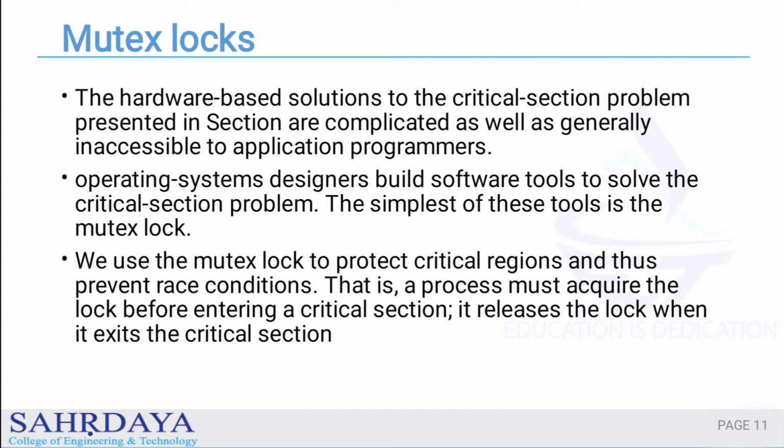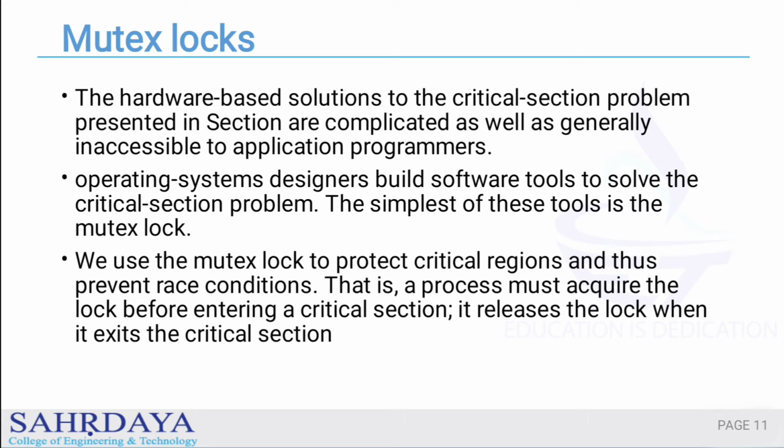As we said, to solve the critical section problem, the designers build software tools. The simplest tool is known as Mutex locks. We use Mutex locks to protect critical regions and thus prevent race conditions. That is, a process must acquire the lock before entering a critical section.